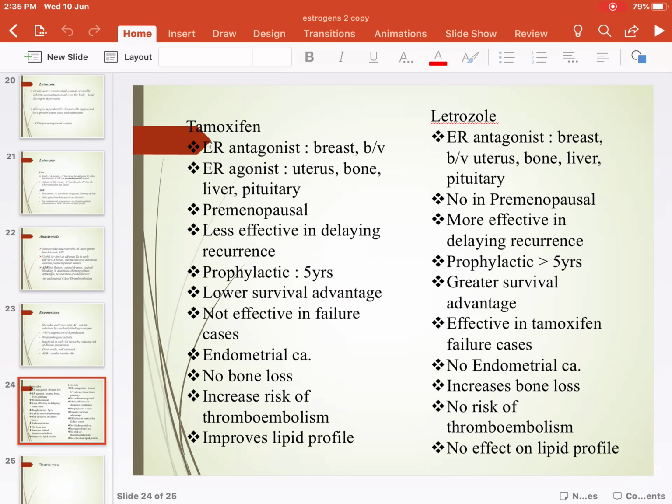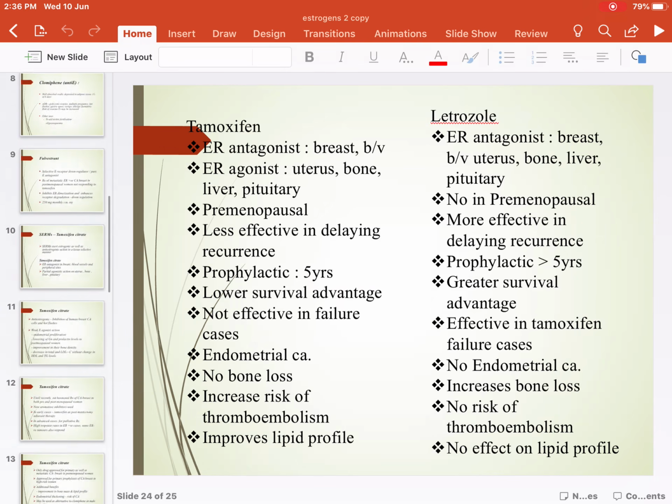If tamoxifen has failed in treatment of carcinoma breast, letrozole can be used. Risk of endometrial carcinoma with tamoxifen is high, and with letrozole it is none or minimal. Bone loss occurs with letrozole. There is no bone loss with tamoxifen. Increased risk of thromboembolism and lipid profile changes are seen with tamoxifen, whereas the risk of thromboembolism and effect on lipid profile is less with letrozole.